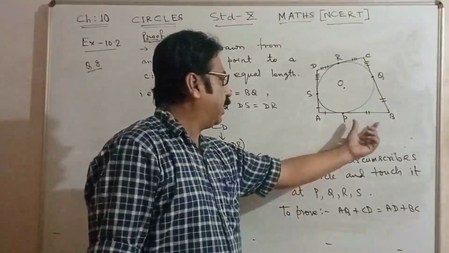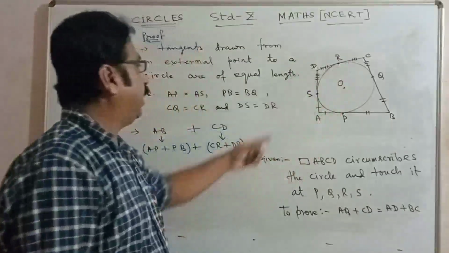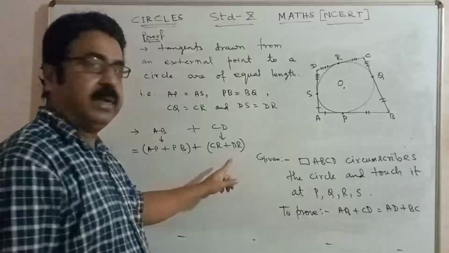AB means AP plus PB. CD means CR plus DR.